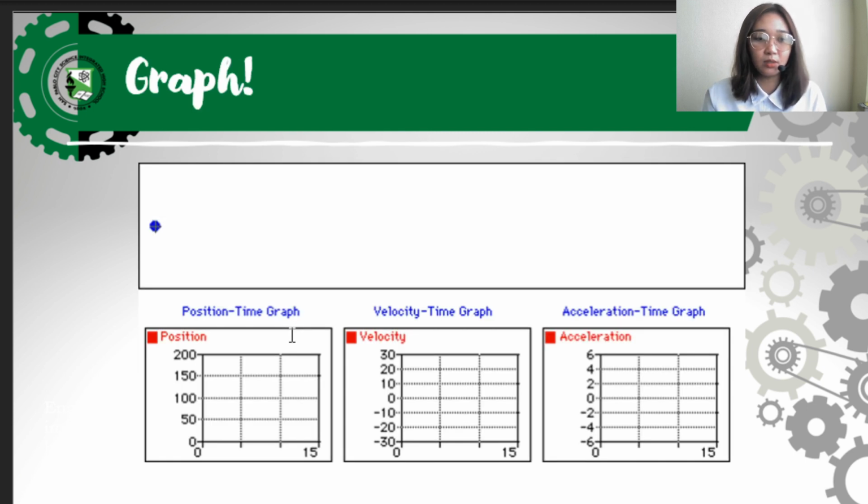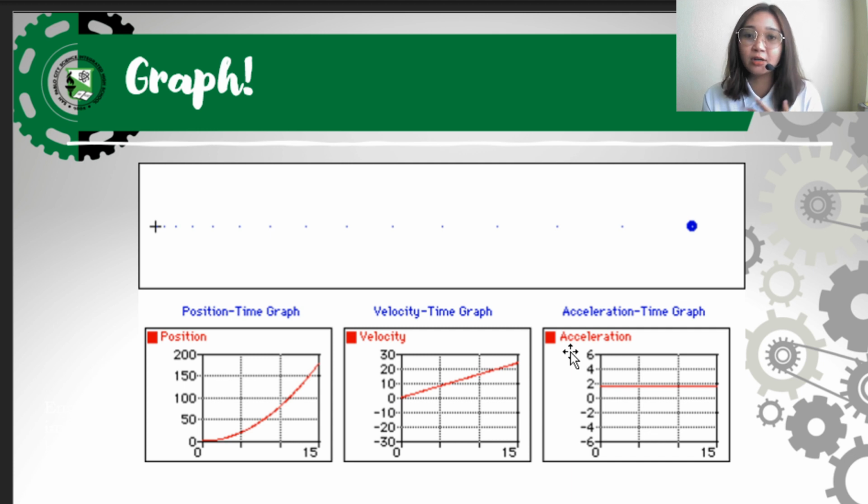Then, we also tackled how we represent an object in motion by illustrating graphs. So, position-time graph. For example, an object is going from here to here. The position-time graph would look like this.